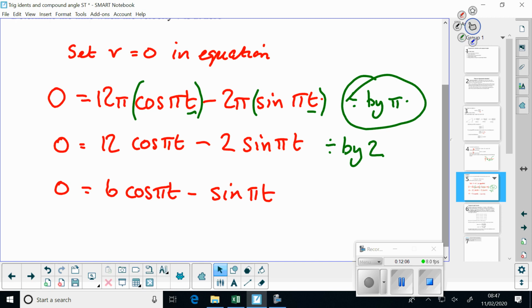Where do you think we're headed from what we've already talked about? How can we simplify the fact that we've got two functions, sine and cosine? Yes, we're trying to end up with sine pi t divided by cos pi t. How could I think about ending up like that?